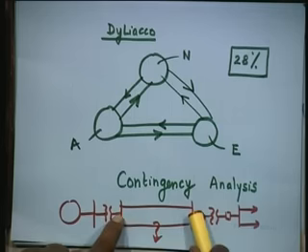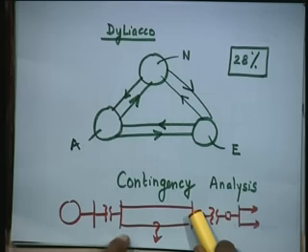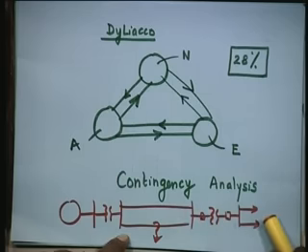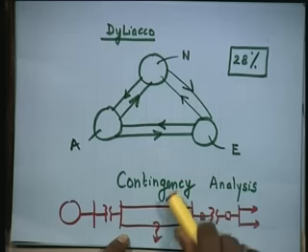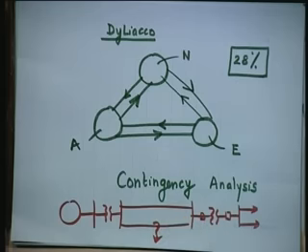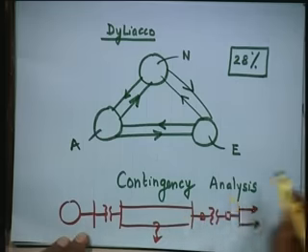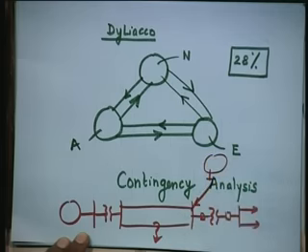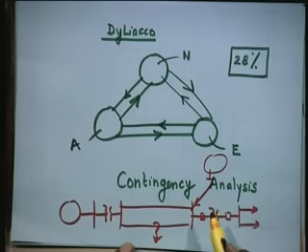Will this line be strong enough to carry the requisite amount of power to supply these loads, at least temporarily, till you clear out this contingency? So, this is contingency analysis. Can you bring in some power from somewhere else here to compensate the loss here? This is what you do in contingency analysis.